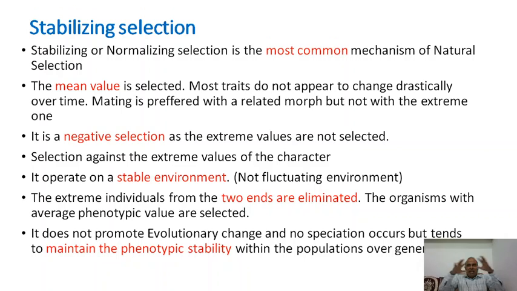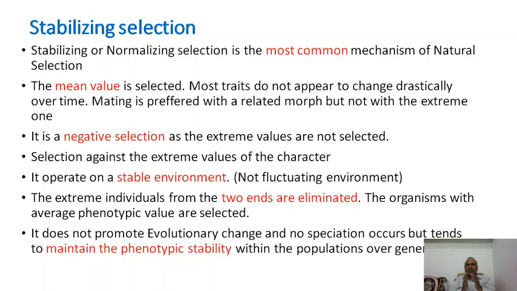When the environment is homogeneous, when the environment does not have any disturbances at all, stabilizing selection will operate. Stabilizing selection prefers the average value, the mean value of the population. Only the individuals with average value are selected more in number.